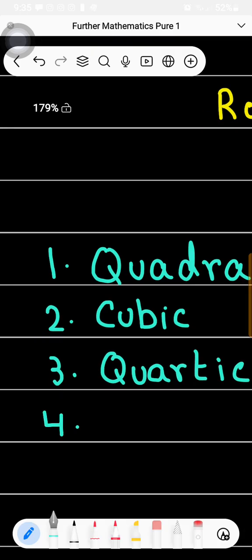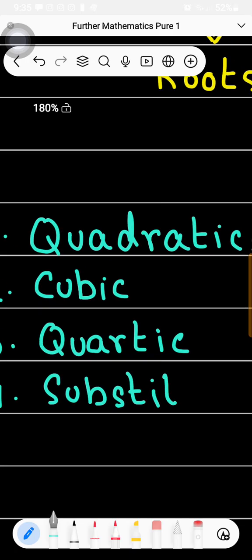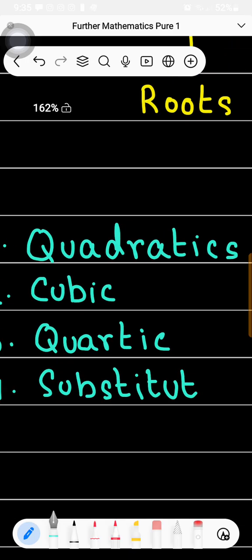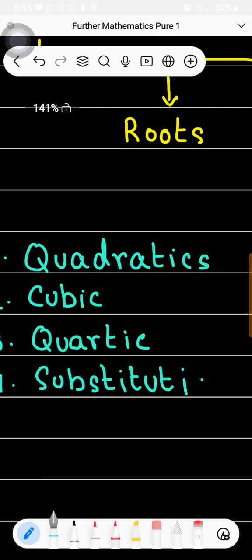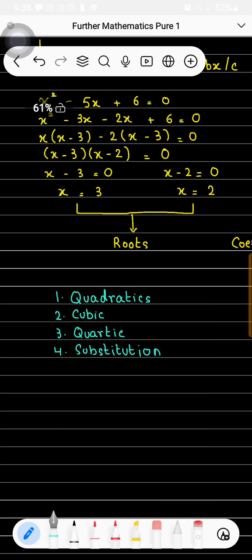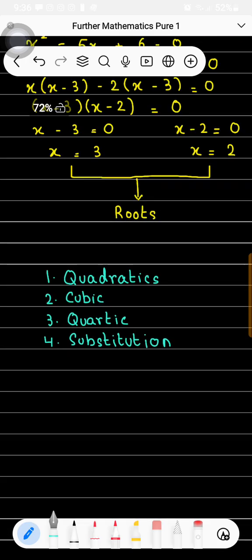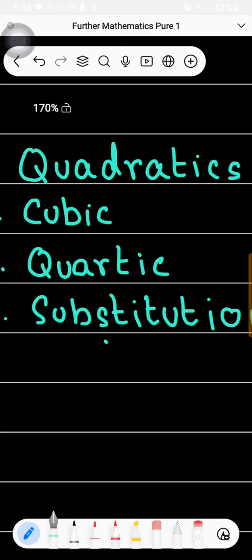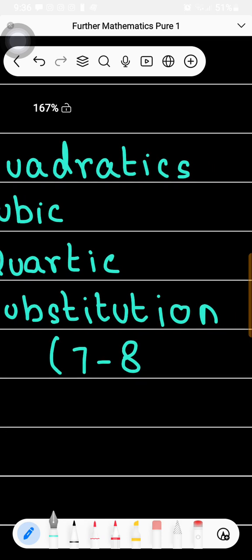And the fourth topic will be substitution. Okay, so after covering these 4 topics, we will be able to achieve 7 to 8 marks out of 75.